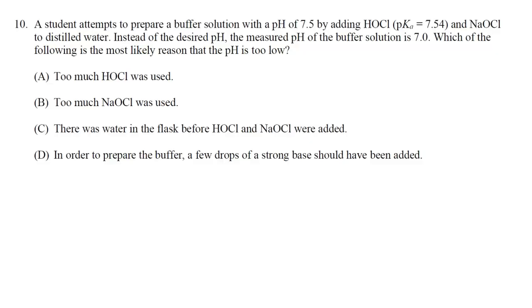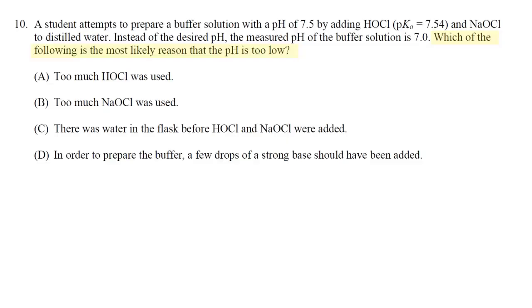So they're adding HOCl, the weak acid, and NaOCl, the conjugate base, to distilled water. Now the desired pH is 7.5, but instead of the desired pH, the measured pH of the buffer solution is not 7.5, but rather 7.0. So here comes the question. Which of the following is the most likely reason that the pH is too low?